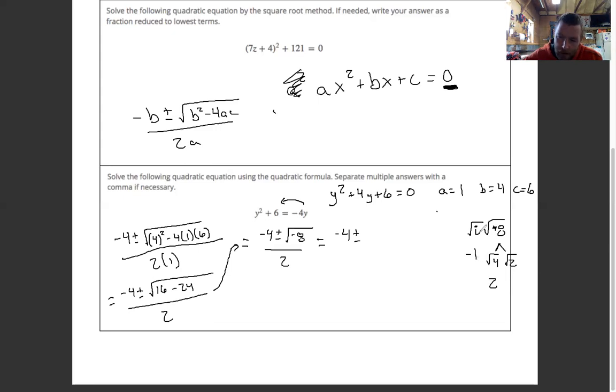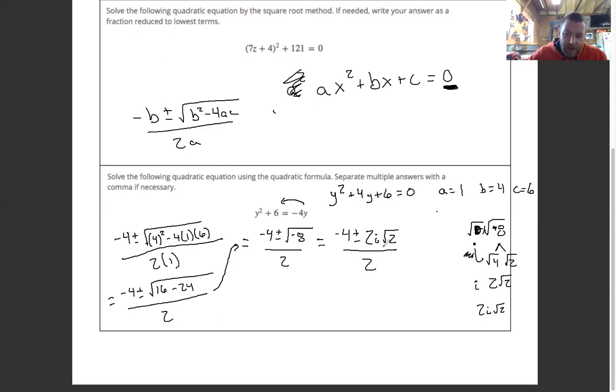Okay. Oh, shoot. I'm sorry. Not i, negative 1, and this is i. Sorry. So this would be 2 radical 2 times i, which would be 2i radical 2. 2i radical 2 divided by 2.